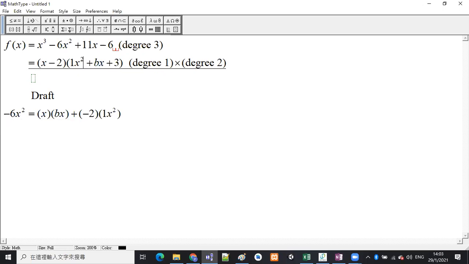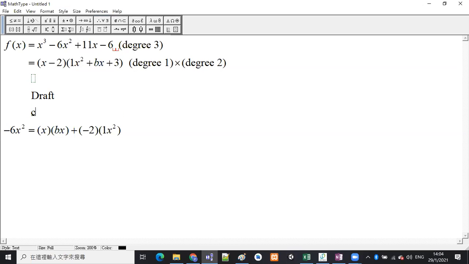So let me write down one more line for the explanation. Consider the x squared terms from both sides. Okay? The left-hand side is negative 6x squared. The right-hand side, it can be produced from two combinations. Okay?